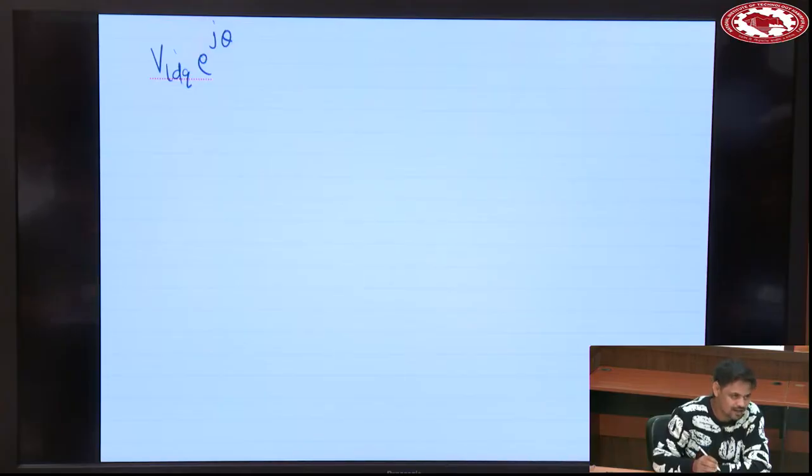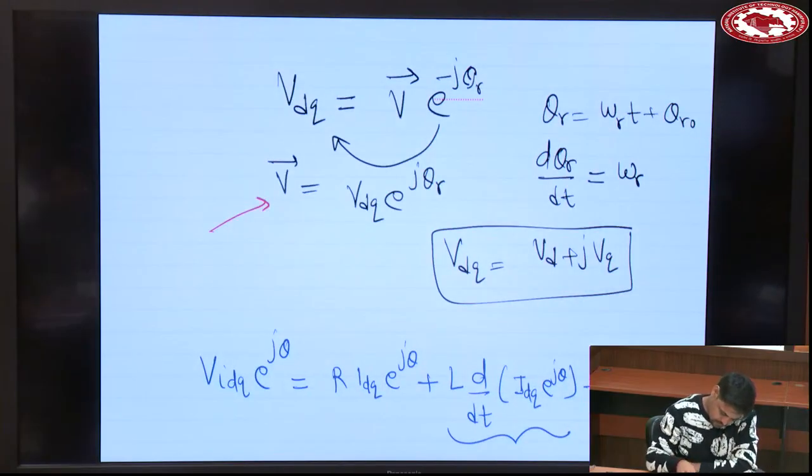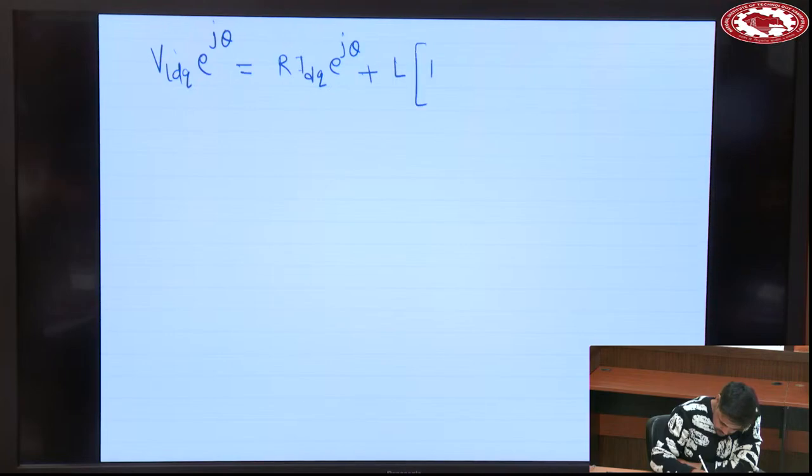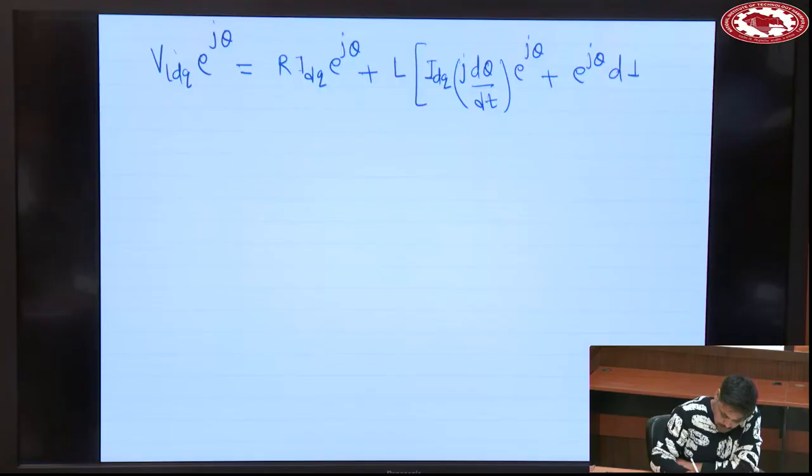Vi dq e to the j theta is equal to R I dq e to the j theta plus L times I dq, same, and this j d theta by dt e to the j theta, plus e to the j theta d I dq by dt.